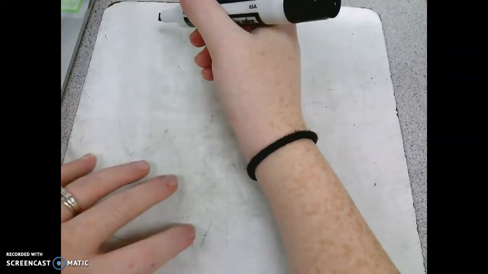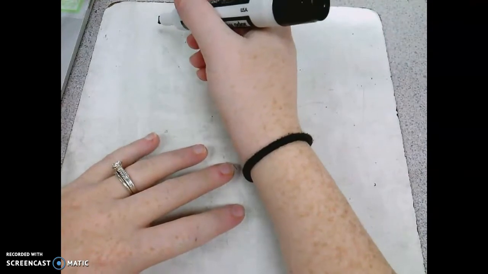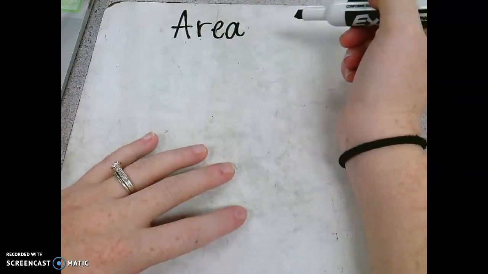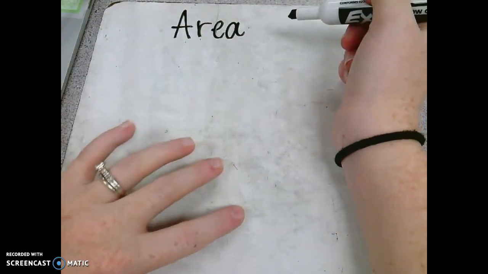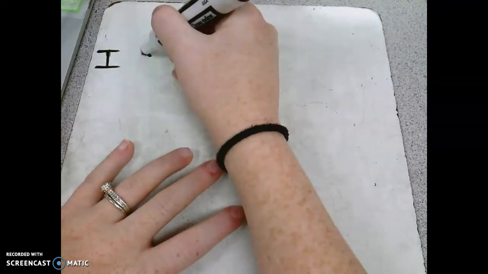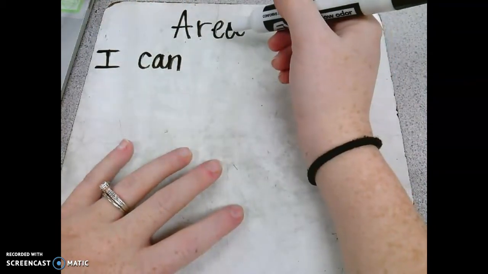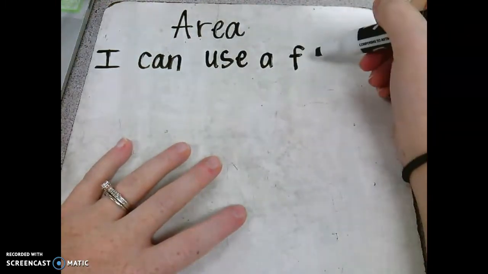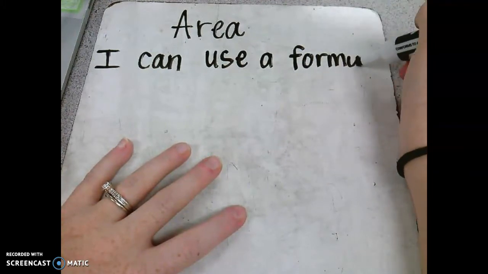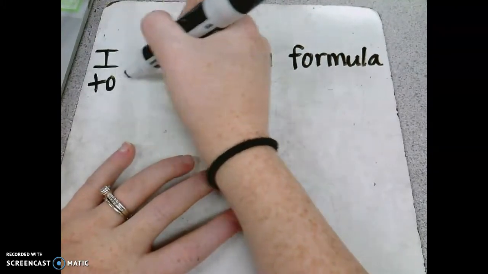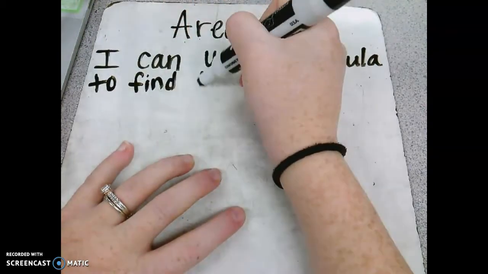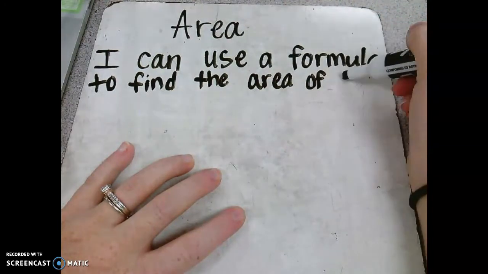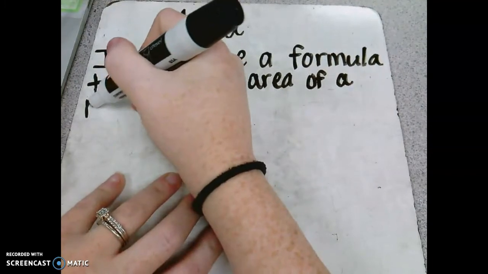Okay, today we learned about perimeter first. Now we're going to learn about area and how to find the area of a rectangle. So our I can statement for today, what you should be able to do by the end of this lesson, is: I can use a formula to find the area of a rectangle.